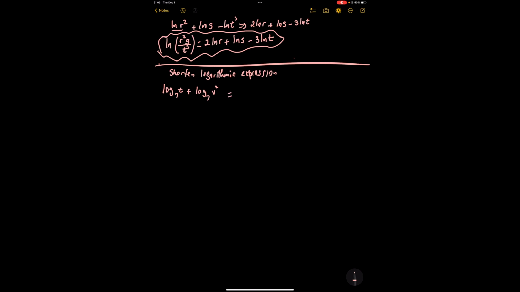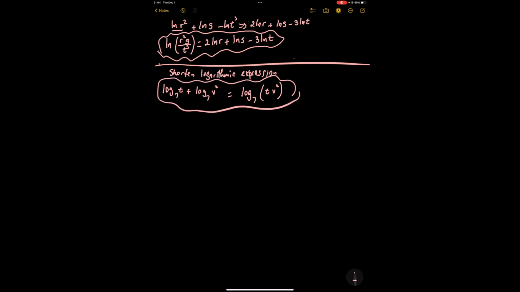That would be equal to log 7 of t v squared. That's it, right? That's all. It's going to be log 7 t v squared. So that will be your answer.